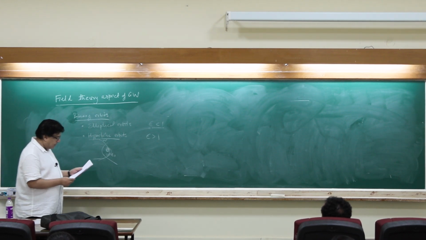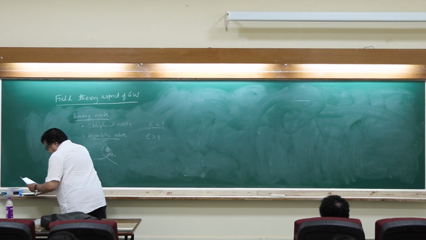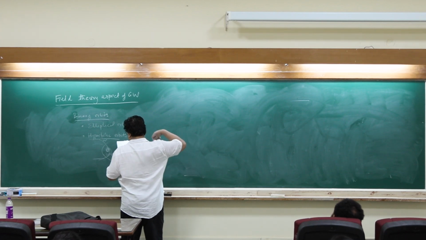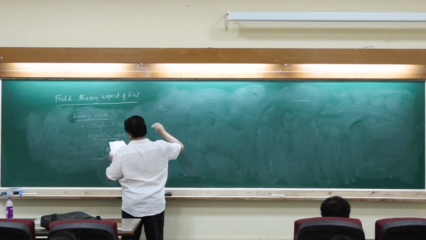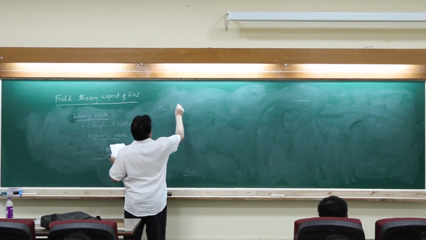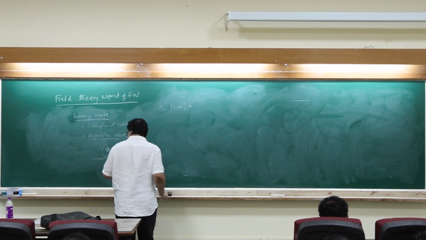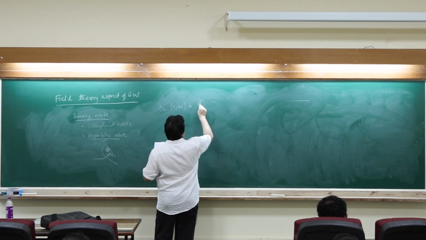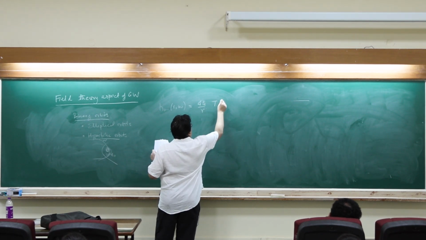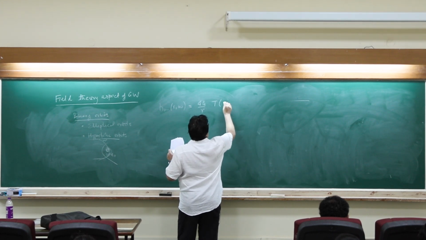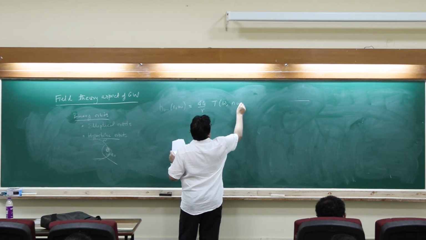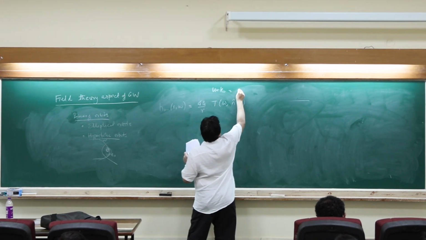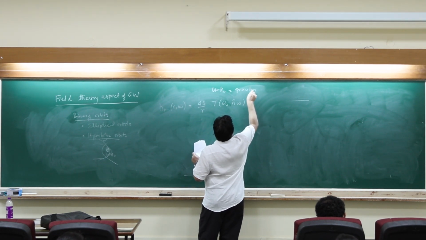So in all these calculations, what we need is, supposing I want in the momentum space, this is simply 4G by r times T of omega, and this omega is what I was calling k0, the graviton frequency.